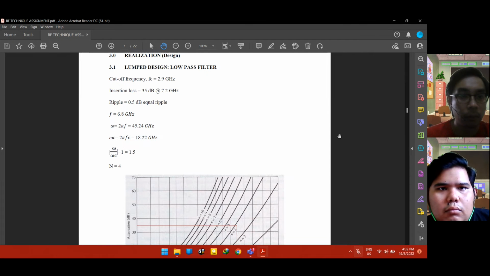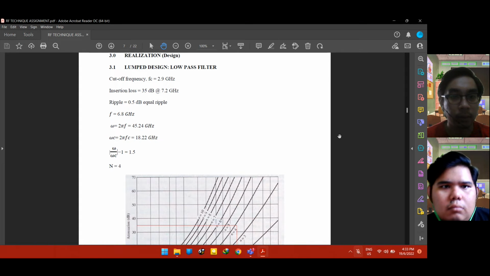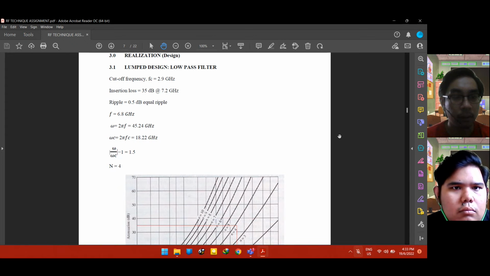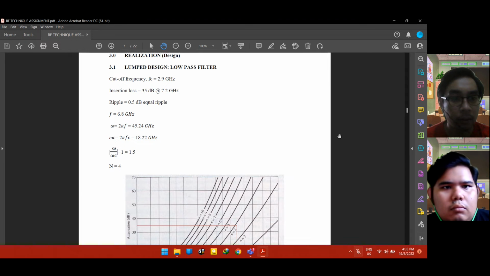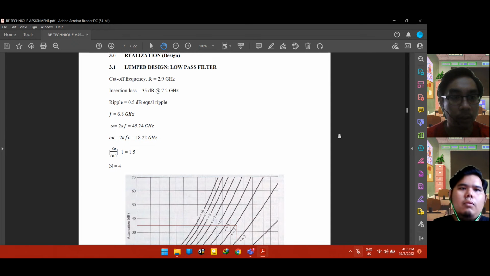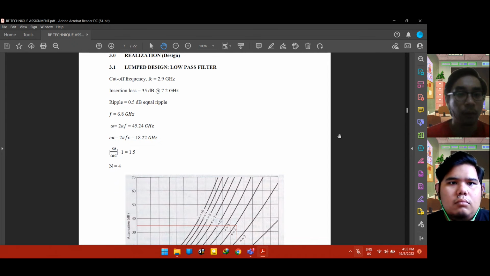Okay, for the low pass filter, the cutoff frequency for my project is 2.9 gigahertz, and the insertion loss is 35 dB at 7.2 gigahertz, and then the ripple is 0.5 dB equal ripple.